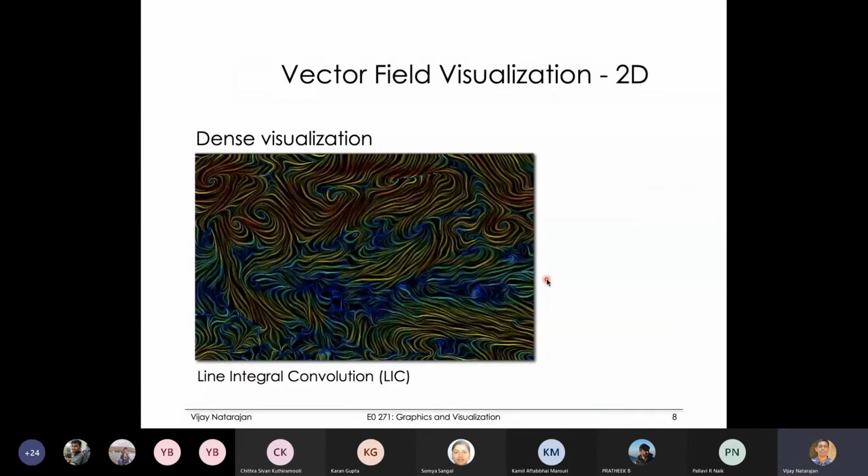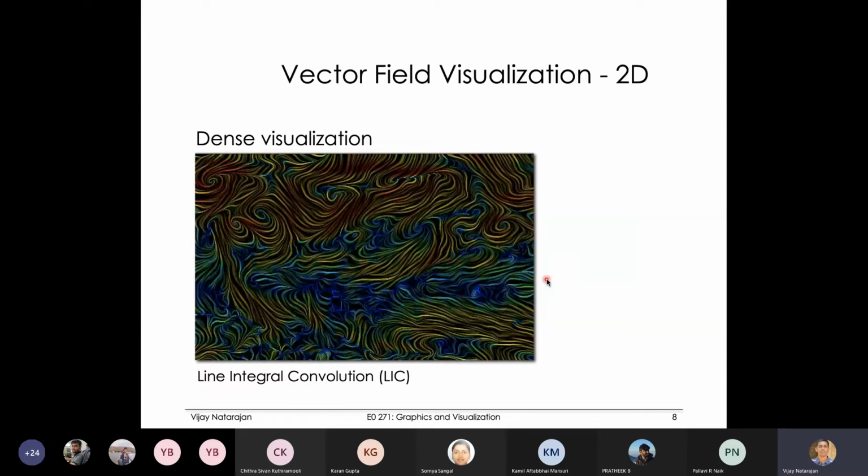A second class of visualization techniques, more modern techniques, are called dense visualization techniques. So here, what happens is you try to form an image rather than a collection of curves to create your vector field visualization. One technique that is used here is called line integral convolution. And you see an example here.